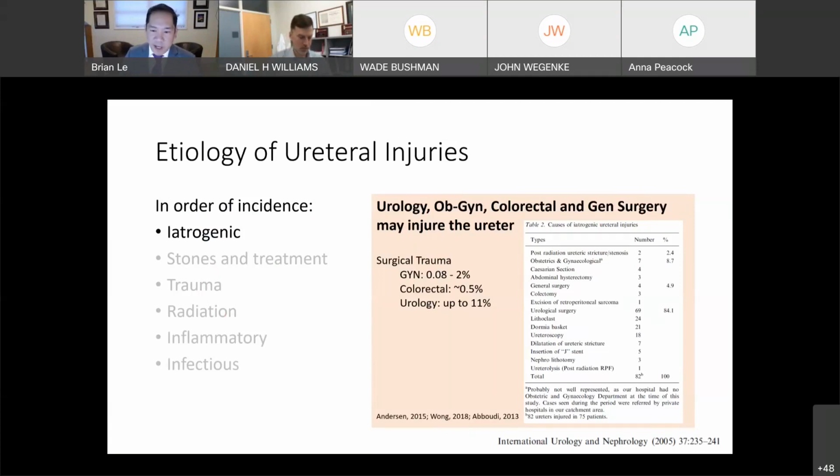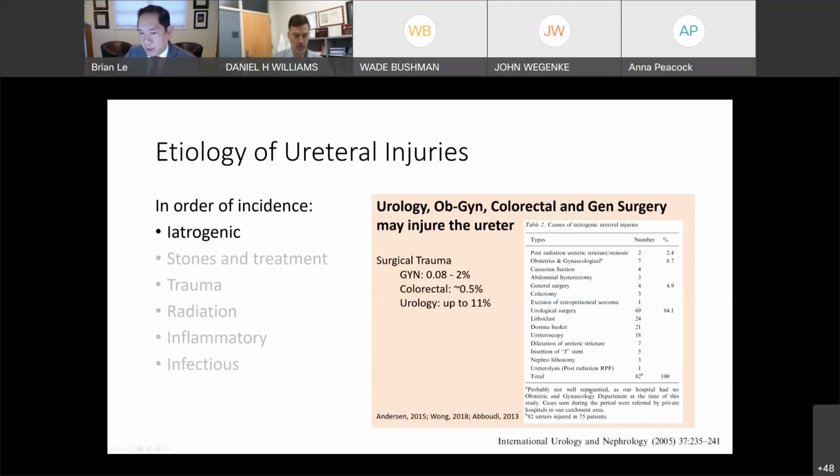In their statements about iatrogenic injury, they refer to this paper, where they looked at injuries and ultimately what was related to the injury. Here they have urologic surgery as the most common iatrogenic cause, but they noted in their caveat that OBGYN was not well represented at their hospital, so it certainly under reports gynecologic surgery.